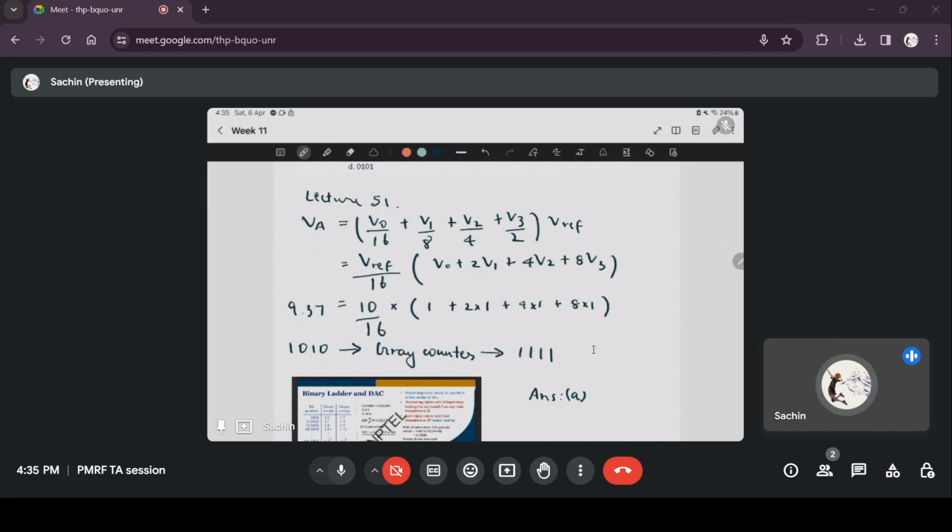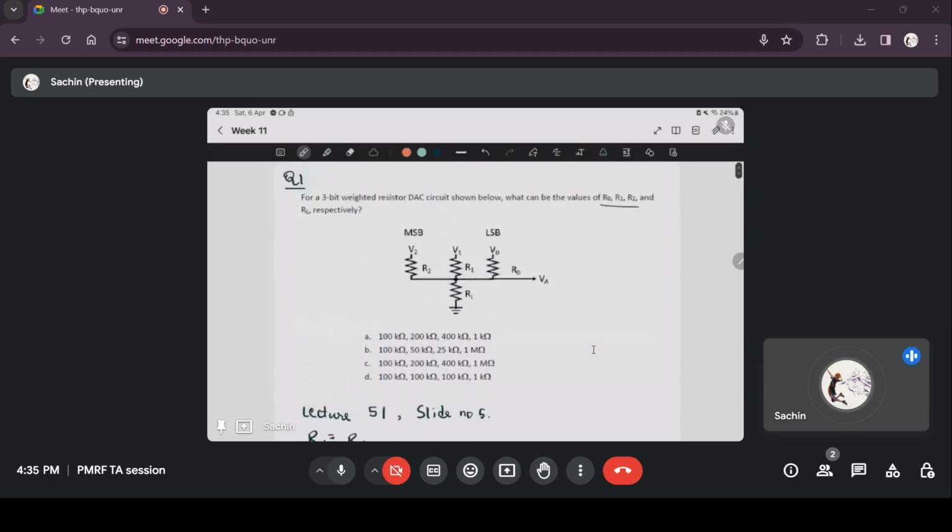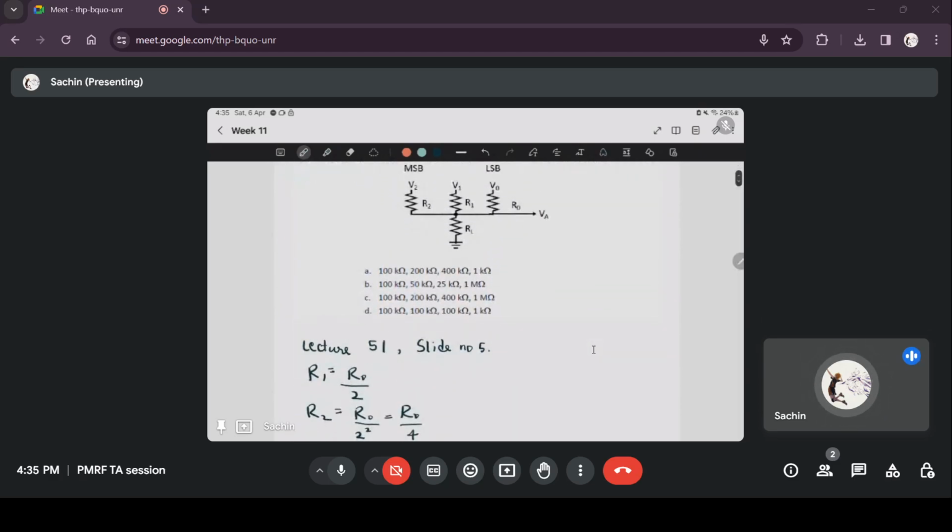So n is 4 in this question, so you have 1 over 2 power 4, which is 16. In this weighted resistor circuit, instead of 1 over 2 power n, you have 1 over 2 power n minus 1. So it's 1 over 7 for this particular circuit into V0 plus 2V1 plus 4V2.